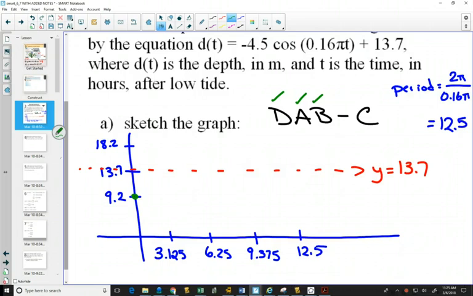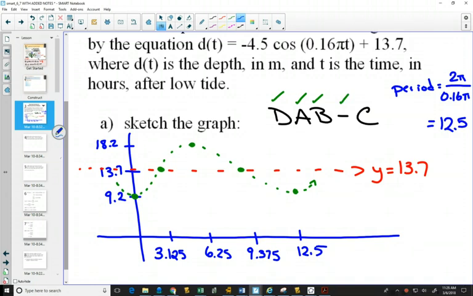So if I'm at a minimum, at the next section I'll be at my center line. Then I'll be at my maximum. Back to my center line, and then back to my minimum. So this is my cosine graph before I have any translation. So that's the dash part.